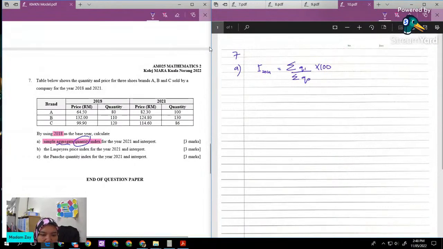So, Q1 kita yang mana? Q1 kita is 2021 lah. So, Q1 kat sini, Q0 di sini. So, tambahkan dulu Q1 kita. So, 100 plus 130 plus 86. And then Q0 kita tambahkan dia. 80 tambah 110 tambah 120 darab dengan 100.